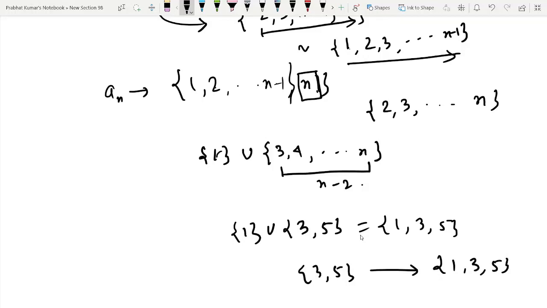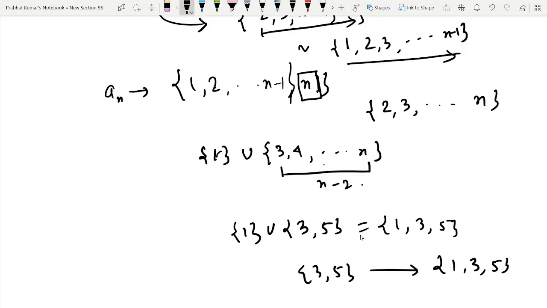So the number of subsets that have no two consecutive integers is the same as the number of subsets that always contain 1, right? Basically we are finding the number of subsets from this and just unioning 1. Because 2 is not there, we can always union 1, right? So this is basically the number of subsets that contain no consecutive numbers from a consecutive set of n minus 2.